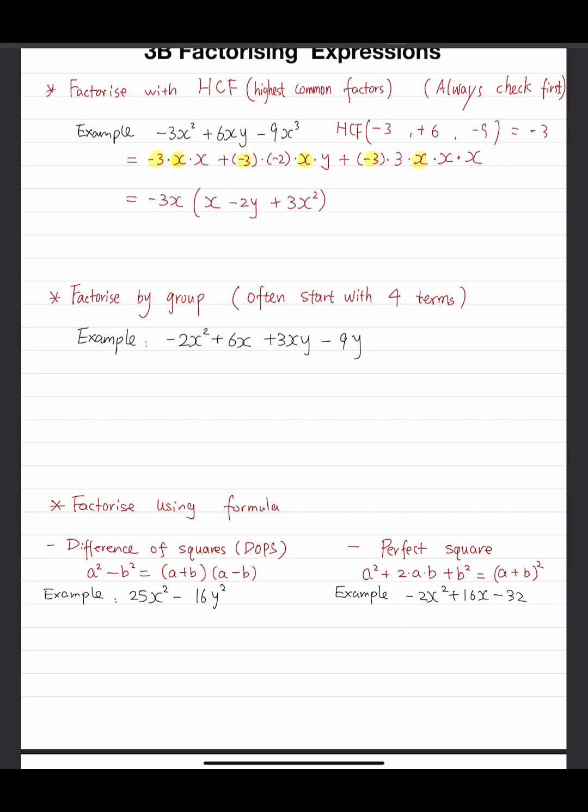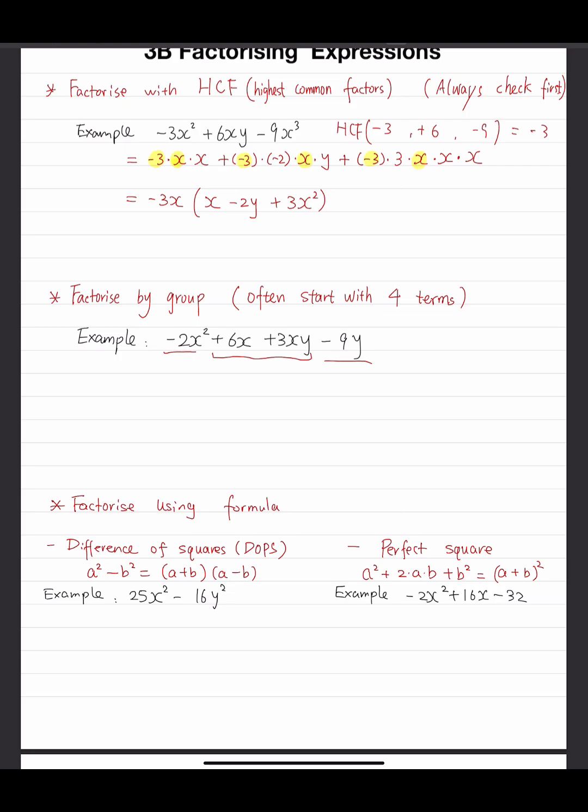Here I'm going to demonstrate a bad example. Let's say I pick the middle 2, so I choose these 2 groups. I find there are common factors between these 2. However, if I choose these 2, then these 2 here, negative 2x squared and negative 9y, have to sit in another group.